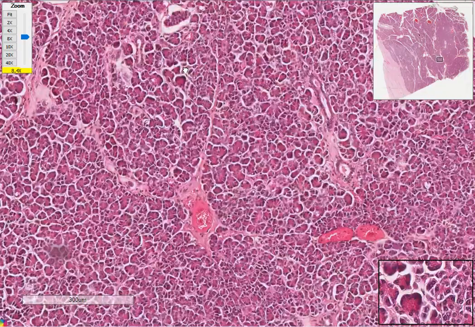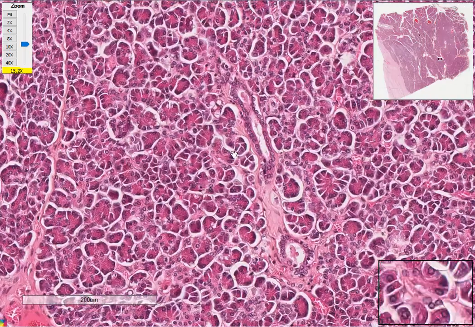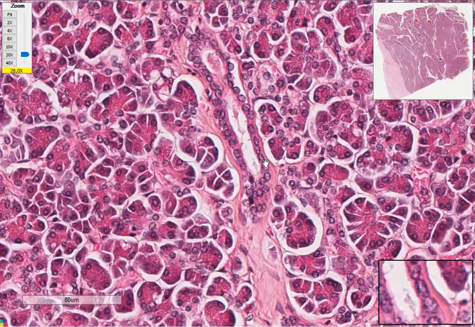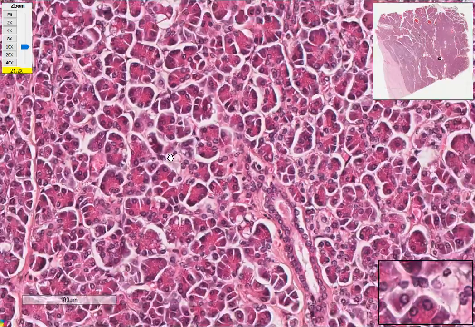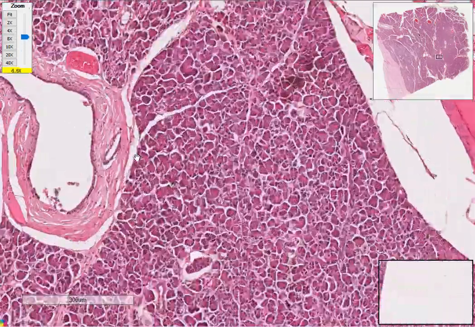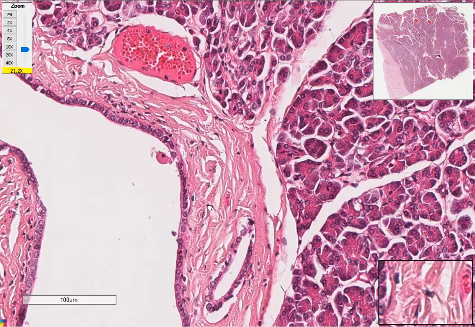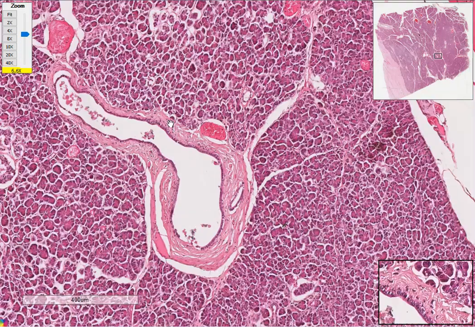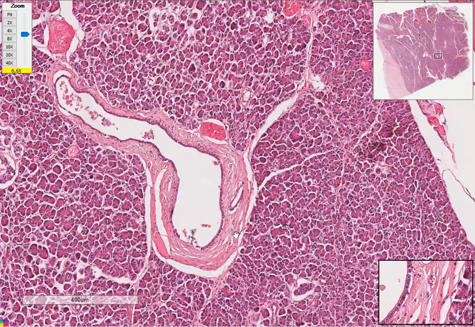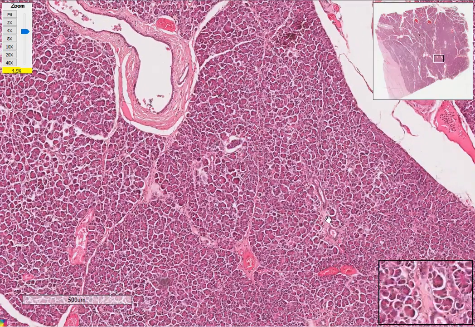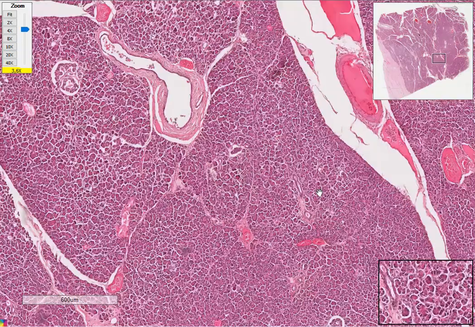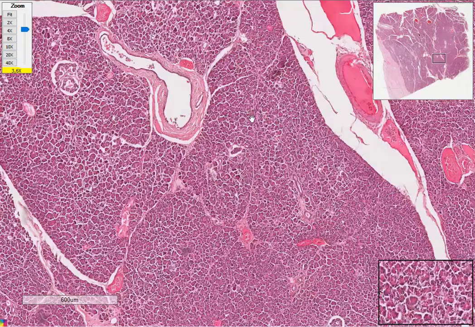Both of the ducts are lined by simple cuboidal epithelium, as you can see there as well as there. So if you remember, this is an interlobular duct, and that's an intralobular duct. Okay, so that's about the exocrine pancreas.